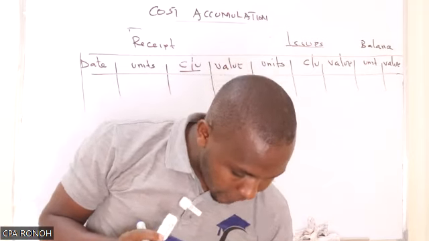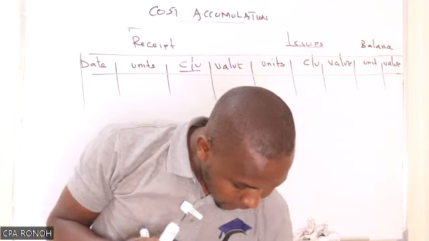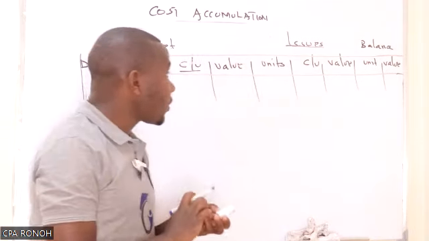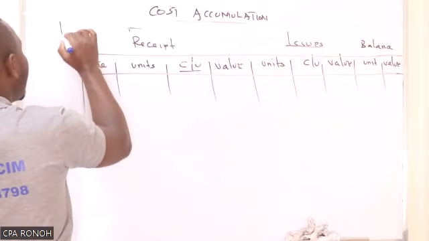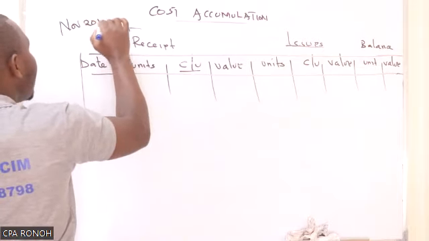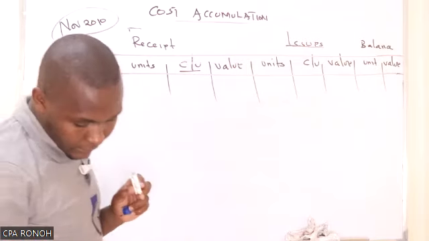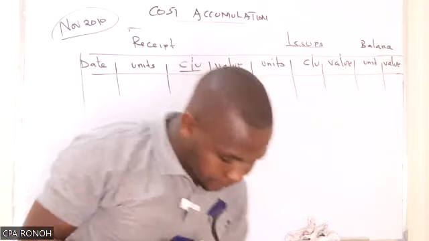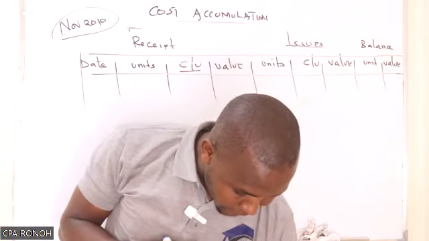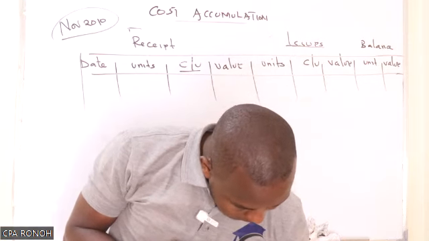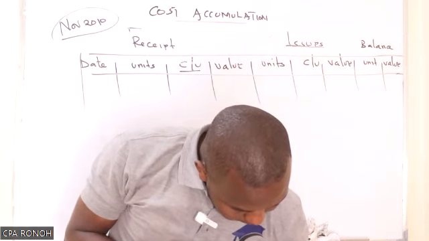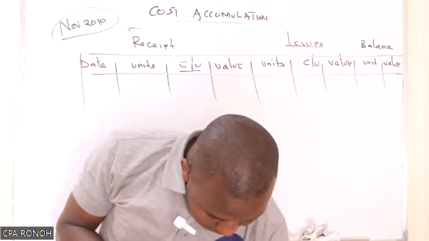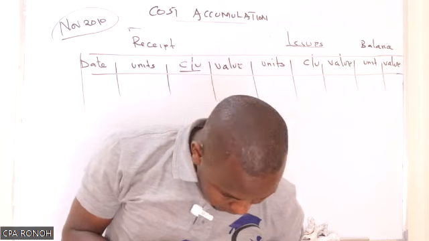Have a look at our past papers for illustrations. There is an illustration for November 2010, question number 3, which is for FIFO. So if you get those old past papers, those are good. But in our current past paper, we only have one level here, so we don't know what they are testing.